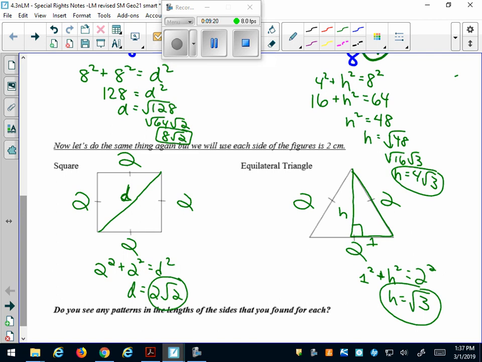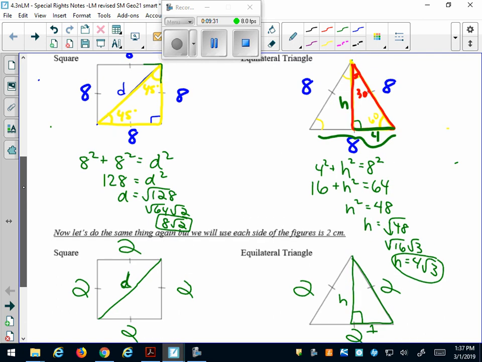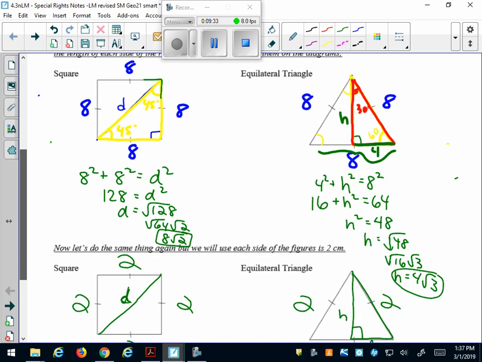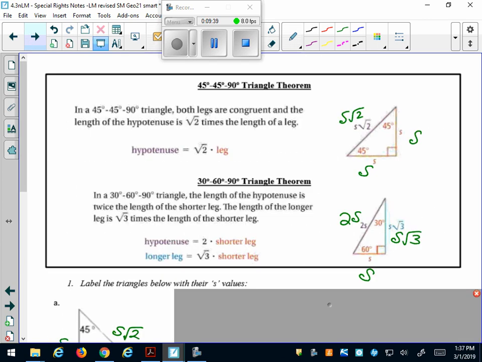And then the height, so the other leg of this right triangle, is whatever the shorter side is times the square root of 3. So this one was 1 square root of 3, and this one is 4 square root of 3. Okay, so those are the relationships that we basically memorize, and we use them to solve for missing sides in a triangle.